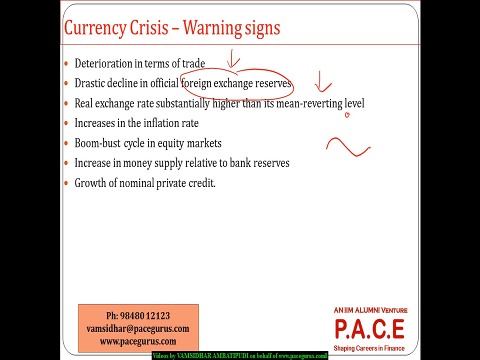Generally, we say that exchange rates follow a mean reverting process, but we see that the real exchange rates go much higher than their mean reverting levels. Inflation rates are significantly higher. The equity market goes into very huge peaks and very huge troughs. Money supply relative to the bank reserves is significantly higher. All these things need to be considered from the perspective of an emerging currency crisis in the future.